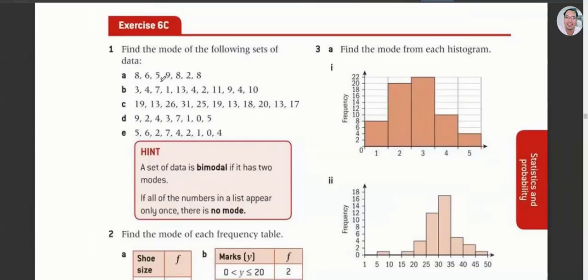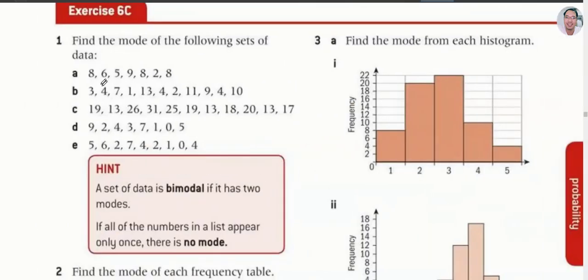Look, we can find the mode here manually. Just count the numbers. For example, the first one, the number 8 is definitely repeated the most. Similarly with the second row, the value 4. Next one here, 13.